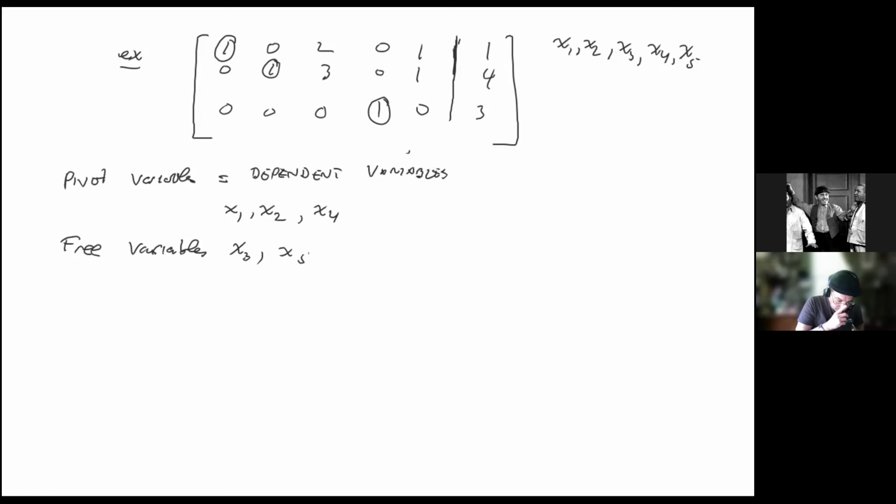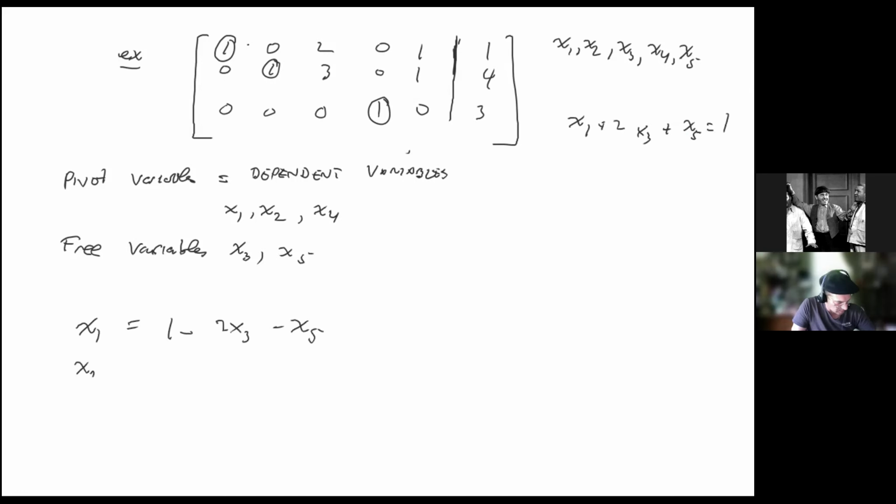So we write the equations. If we were to write out the equations, the first equation would be x1 plus twice x3 plus x5 equals 1, correct? So you can write x1 as 1 minus 2x3 minus x5. I'm writing the dependent variable x1 in terms of the free variables.